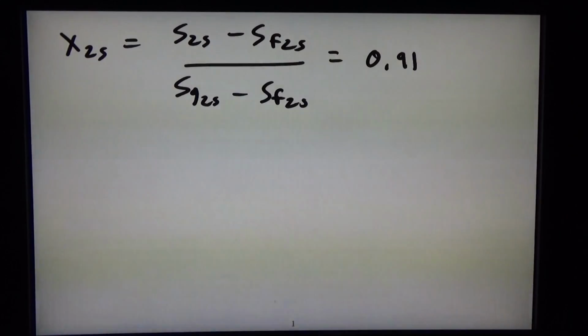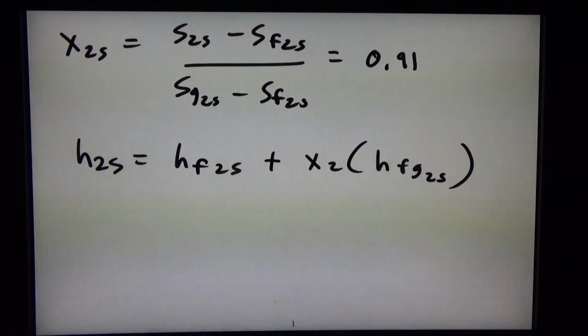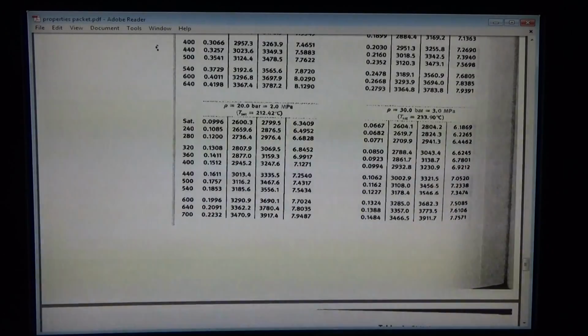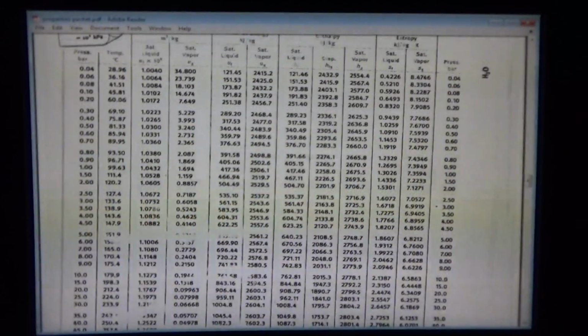Once we know X2S, we can get H2S by calculating HF and HFG. So we need to look up H sub F at P2S and HFG at P2S.